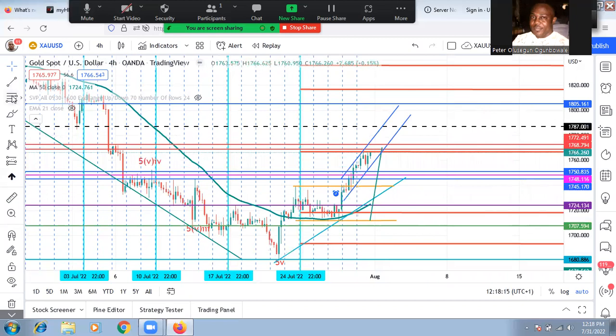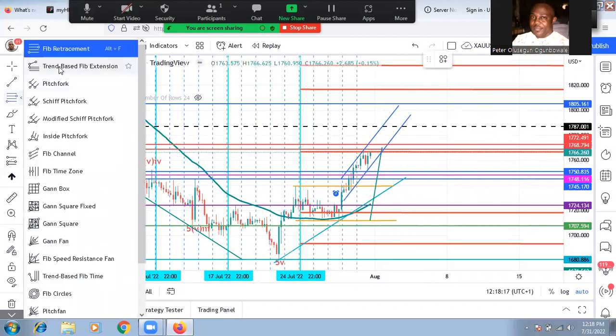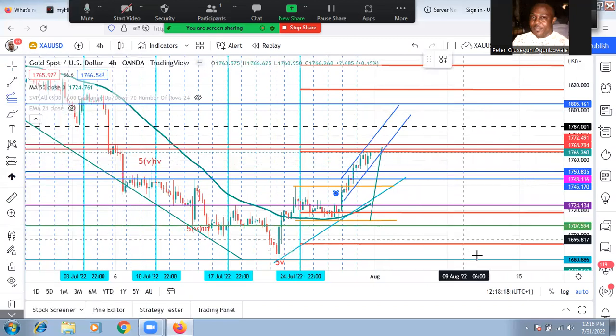So in that case, if you're going to see an equal leg to the upside, you must be prepared for it from this level to this level. I'm going to even adjust it a bit.